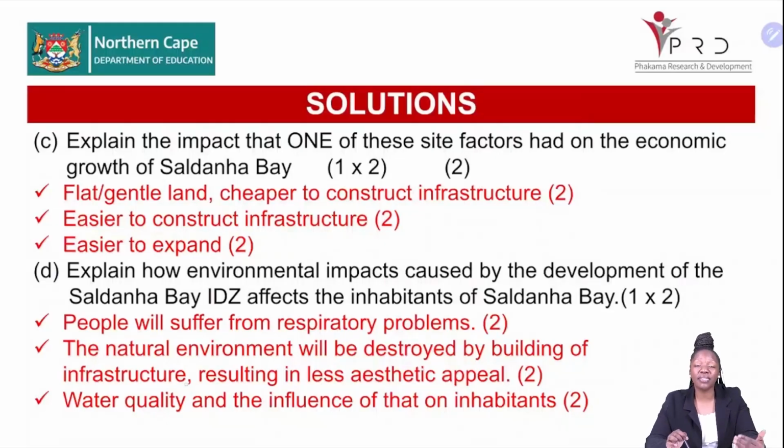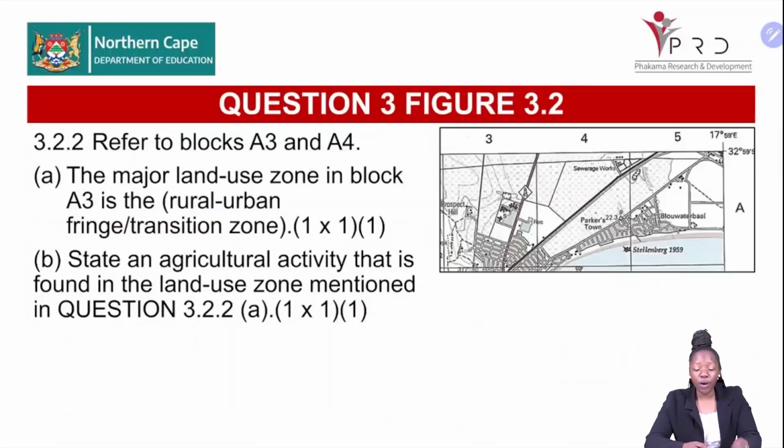Now it will make the area not beautiful. Then we're looking at the water quality as well as the influence on the inhabitants. So once there is water pollution, it will make people sick, compromising their health. Then we're looking at our question 3.2.2.